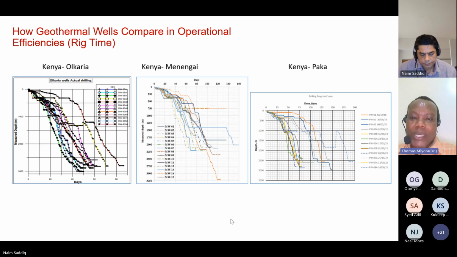We are still doing more optimization on this field because we are at the production drilling stage. So this is my interest in drilling: optimizing drilling to ensure that you hit your target in a cost-effective manner. Next.